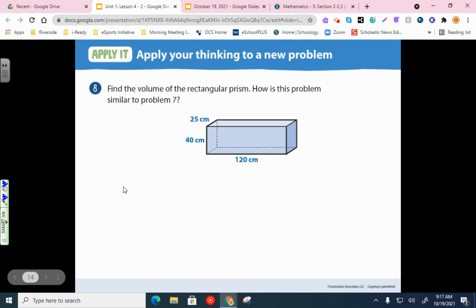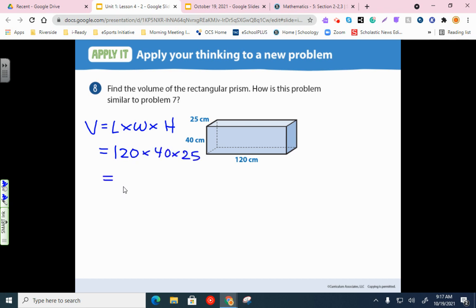For this next one, find the volume of the rectangular prism. So this is a reminder of what we did last time. You have length times width times height, but you'll notice that all 3 of these numbers are exactly the same numbers that we used in the above problem. So we've already done the work.